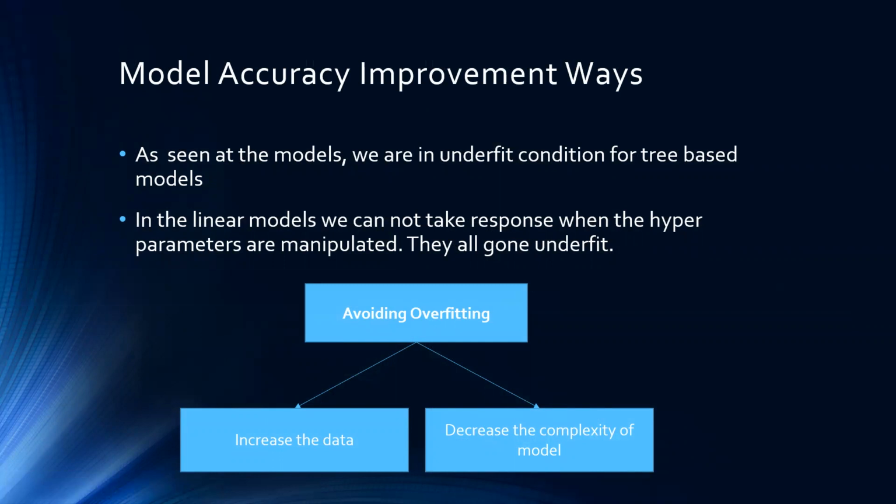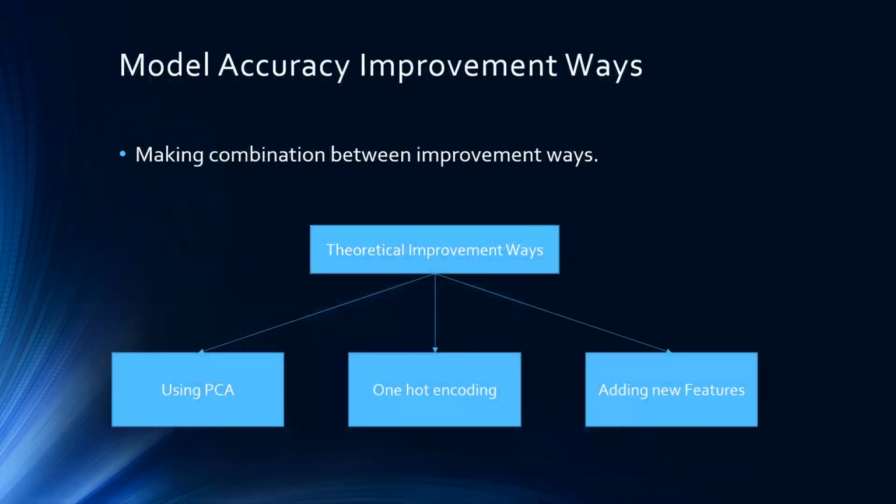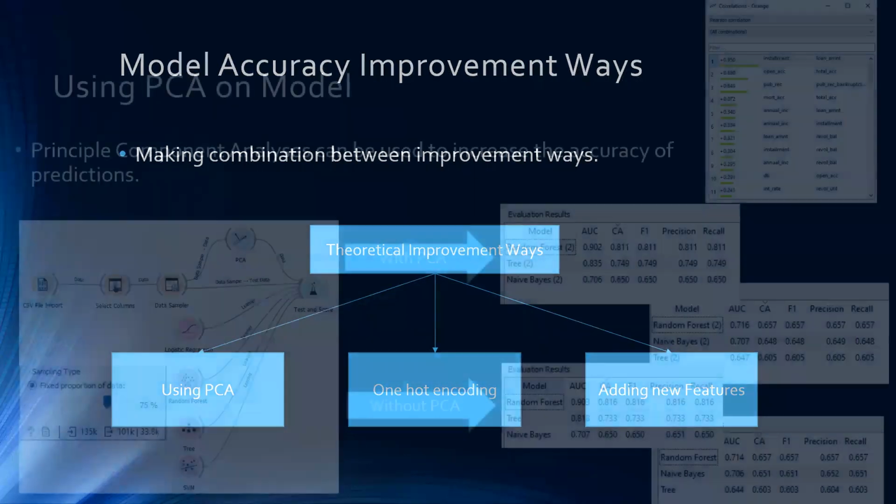But in the pre-pruning, we couldn't get good results, so we tried to increase the data according to the features. We found 3 ways in the discussions: using PCA for dimensionality reduction according to the correlated features, one-hot encoding, and adding new features according to the feature statistics.